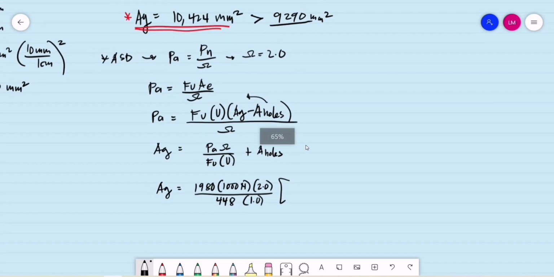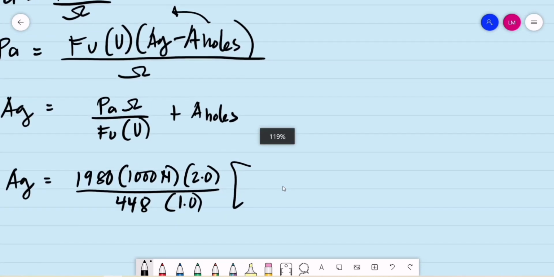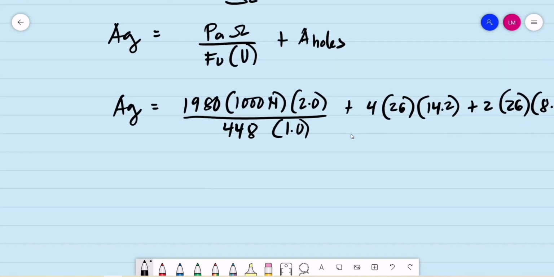That is 4 holes for the flanges and 2 holes for the web. So this is plus 4 times the diameter of the holes, 26, times the thickness of the flange, 14.2, plus twice the diameter of the holes, 26, times the thickness of the web, 8.6.